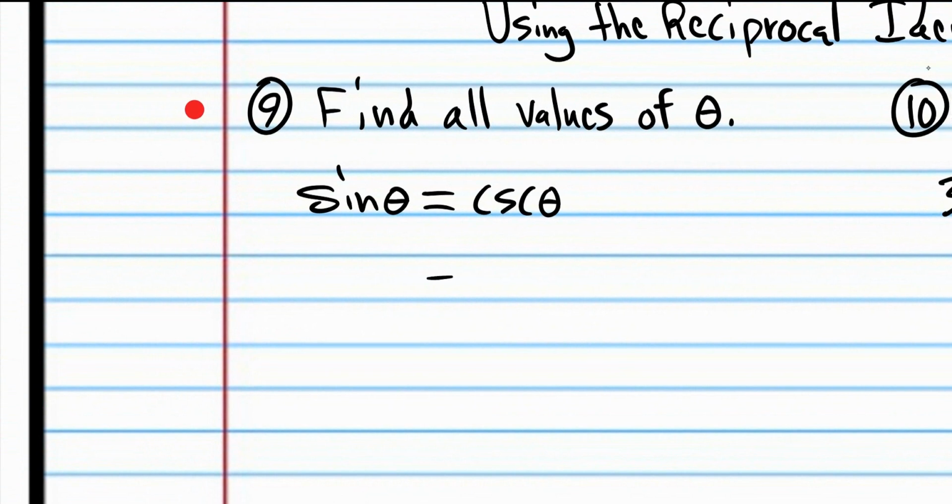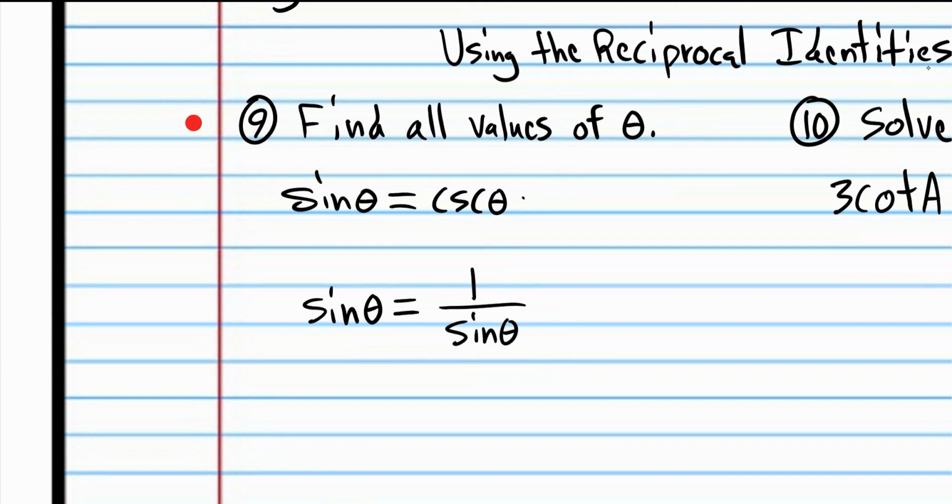In order to simplify the equation, we use, again, the basic trigonometric identities. I'm going to use a reciprocal identity and change that to 1 over sine theta. So that was a reciprocal identity.